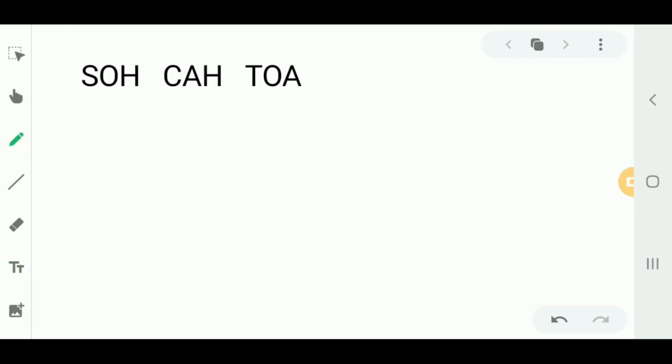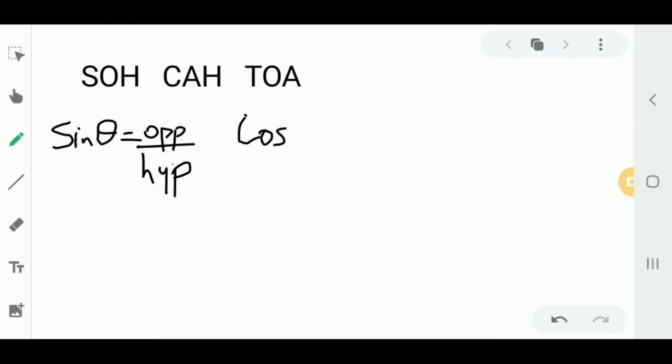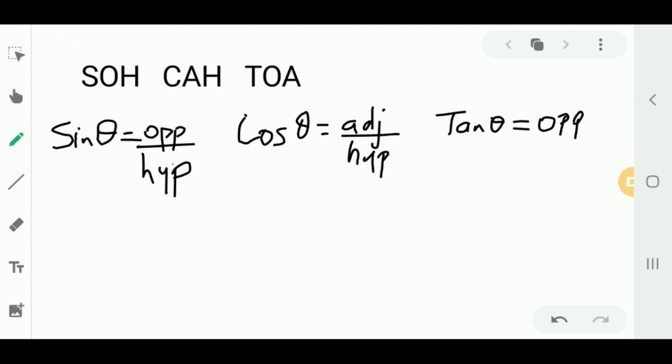What this means is sine the angle is equal to opposite over hypotenuse, cos the angle is equal to adjacent over hypotenuse, and tan the angle is equal to opposite over adjacent.